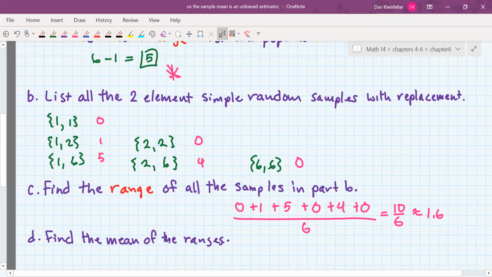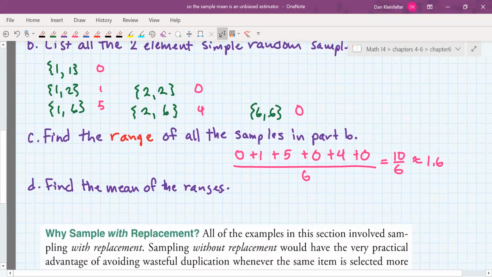So what that gives you is that going around and taking samples and calculating those sample ranges is not going to give you a good idea of what the population range would be, in the same way that for the mean, it was a good estimator. So that is the difference. So the range is not an unbiased estimator.